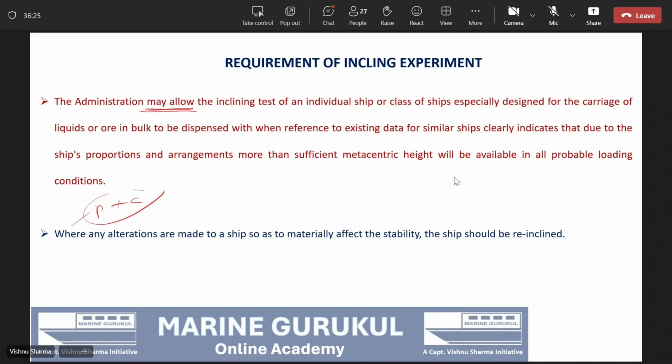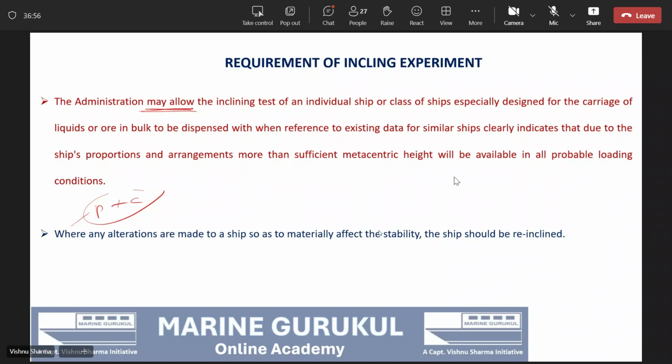And if the light ship determined during the survey changes from the earlier light ship, or the LCG of the light ship during the survey is found to have changed by more than the tolerance limit, then the passenger ship should be re-inclined. So for a passenger ship, the light ship survey report, which will be every 5 years, can also drive the need to re-incline the vessel.